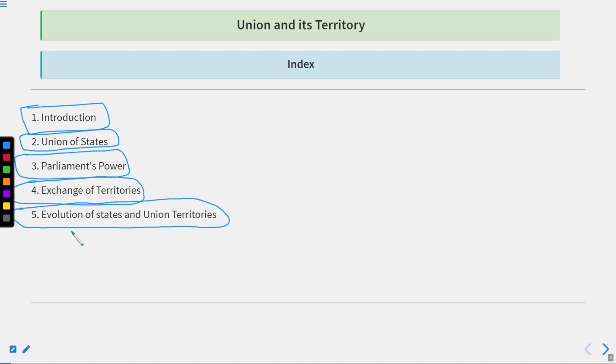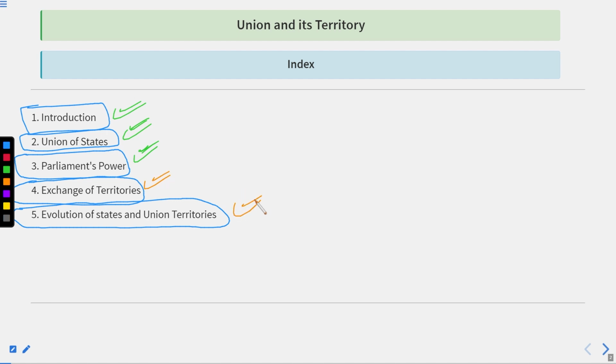So far, we had completed the introduction part, the union of states and the parliament's power. What we are going to see now is the exchange of territories and the evolution of states and the union.